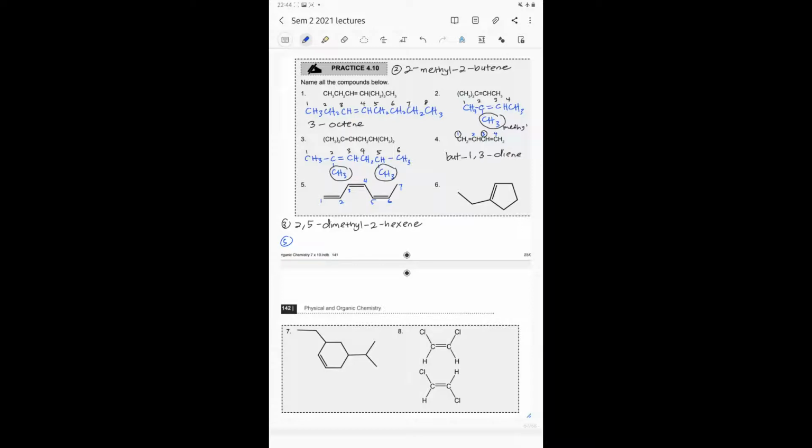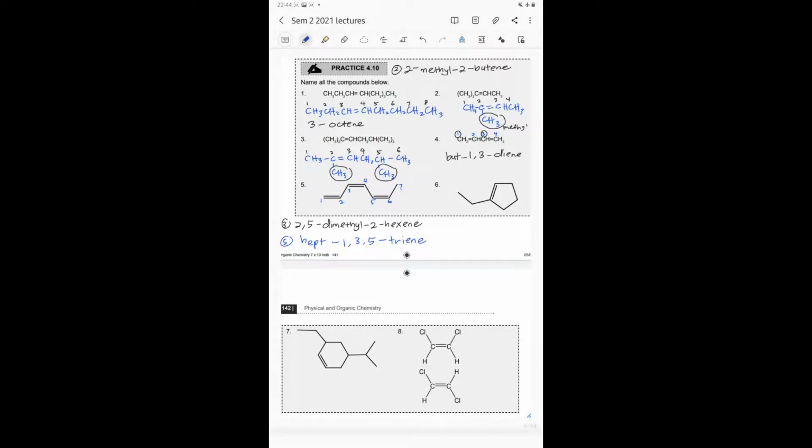We state the 7 carbons first, hept, and the position of the double bonds, 1, 3, 5. Hepta-1,3,5-triene. Keep trying, I know you are still trying. So now let's go to number 6.